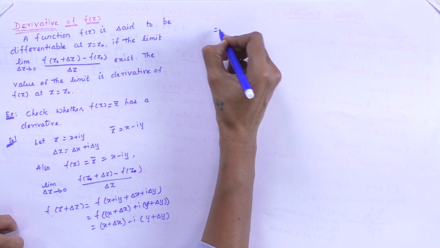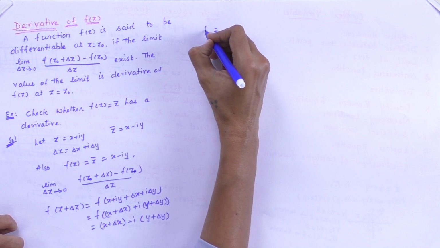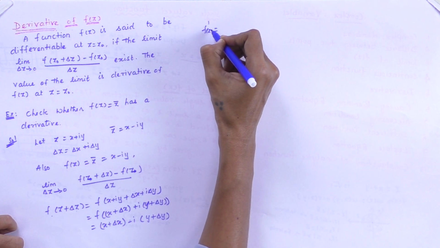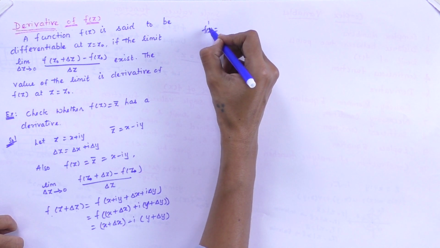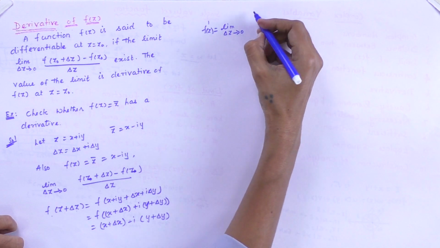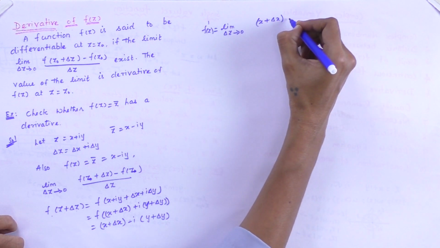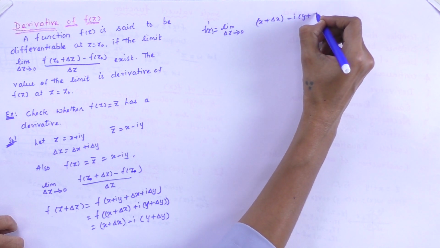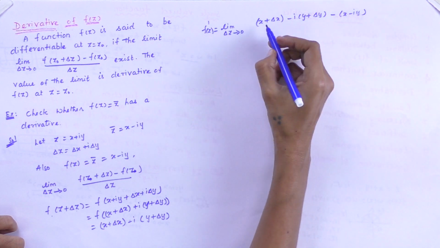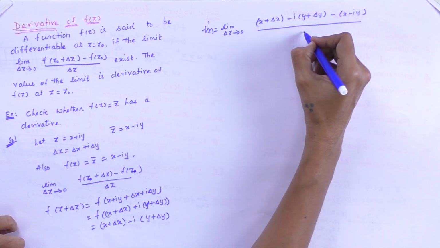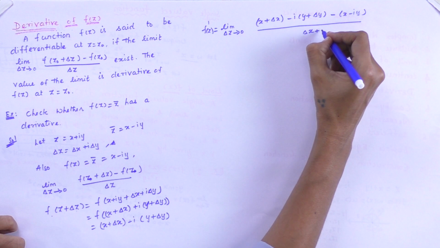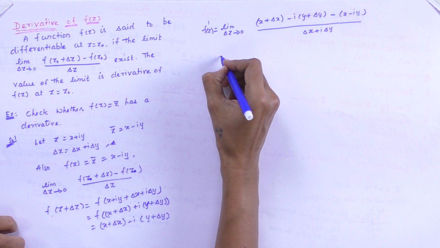The derivative of the function f of z is denoted by f prime of z at the point z naught. So the limit as delta z approaches 0 of x plus delta x minus i into y plus delta y, minus of x minus i into y, divided by delta z. Delta z is nothing but delta x plus i into delta y.